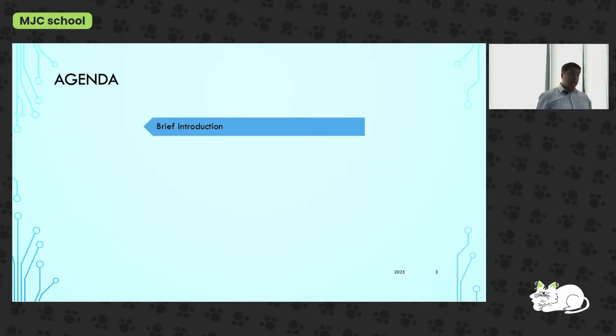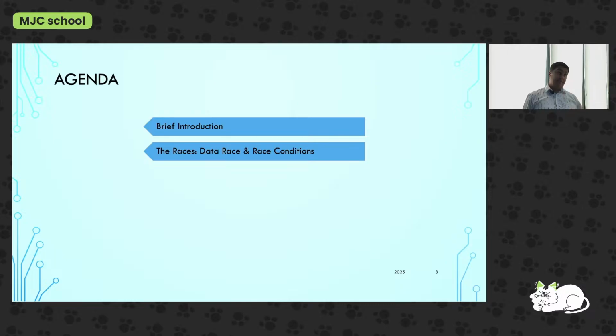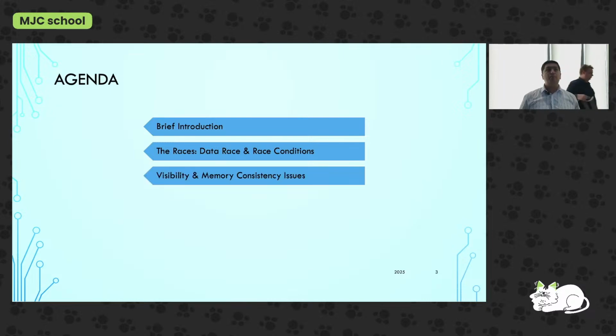So today's agenda: we are going to very quickly give some introduction to what Java concurrency is. Then we move to the actual scope of the session, exploring race issues, data race and race conditions.